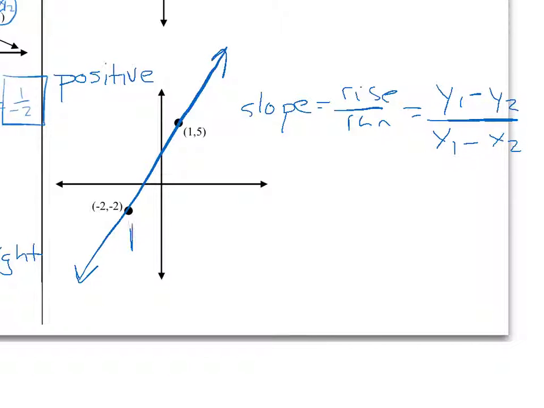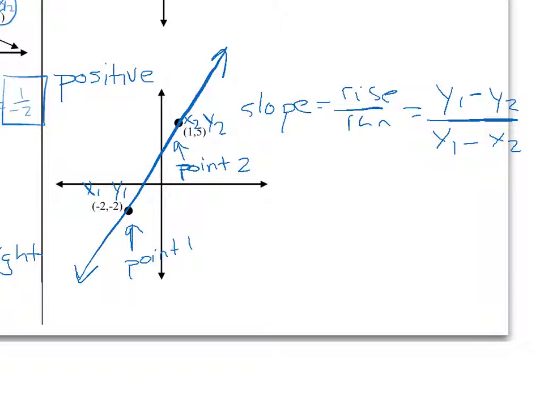I'm going to label this one as point 1. I'm going to label this one as point 2. So this is x1, y1, and x2, y2.